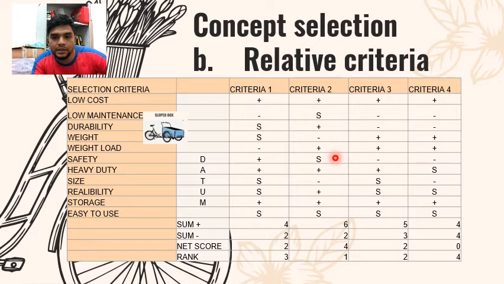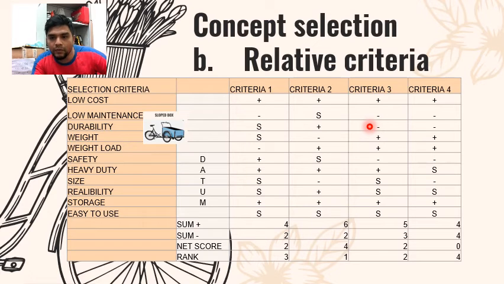For size, reliability, and easy to use, it is the same as datum. The sum of better than datum for criteria 3 is 5, and the sum of lower than datum is 3. The net score is 2.